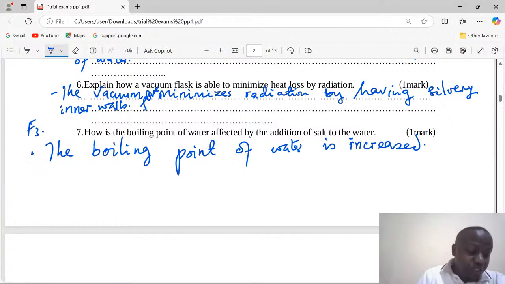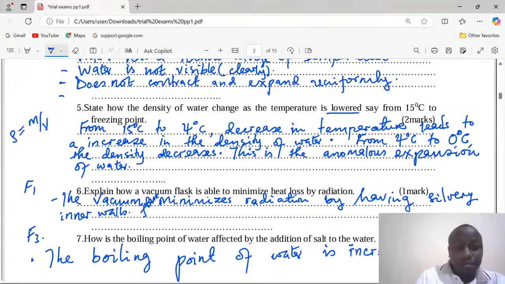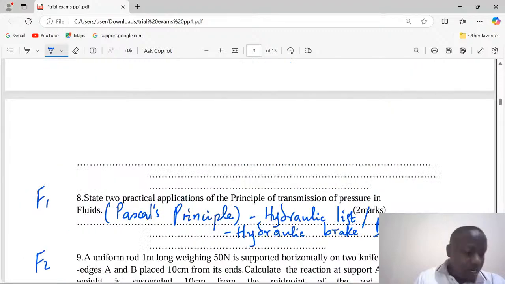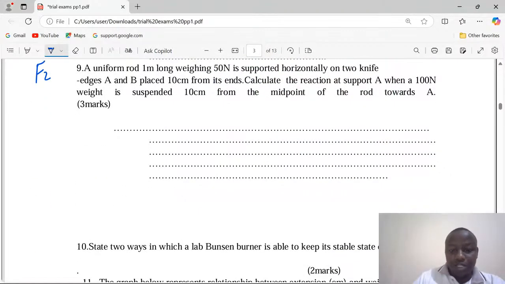I know in chemistry about impurities and boiling points, that is Form 1, but in physics you will study it on quantity of heat. This is Form 1, heat transfer. Density bottle, density of water changes, this one is going to be Form 1. That's Form 1 work. We will categorize all the questions. Now we are dealing with Form 2.